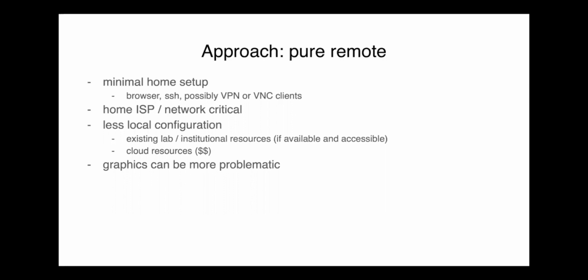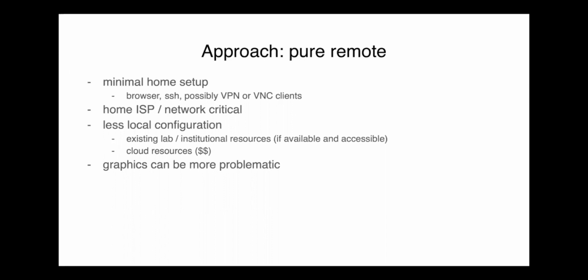You also don't need very much compute power at home to drive this approach. The trade-off to that is that your home ISP and your network connection becomes extremely critical. And if that gets interrupted, then that will interrupt whatever you are in the middle of trying to do.